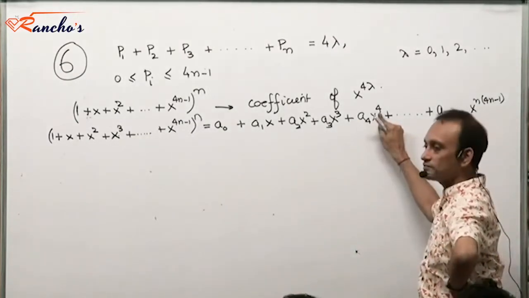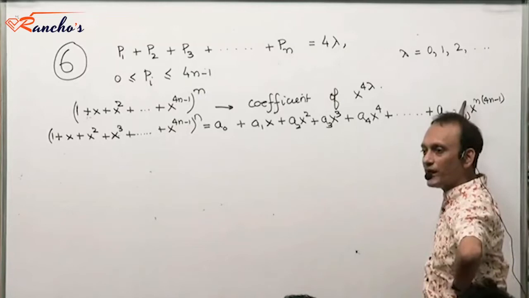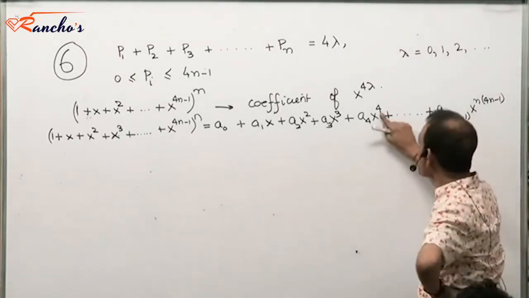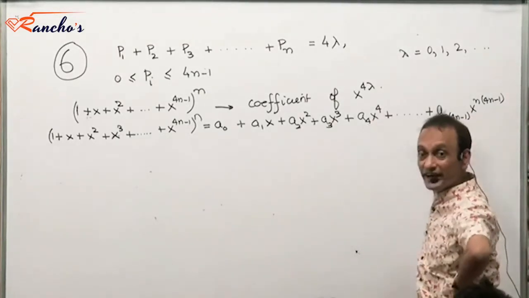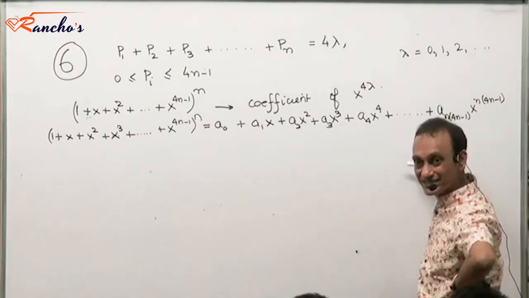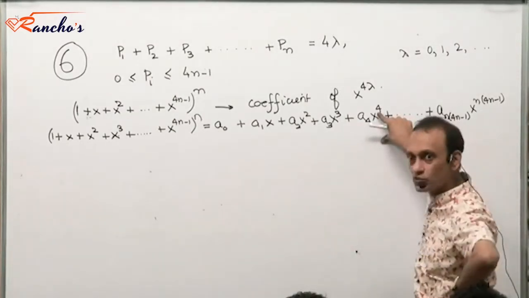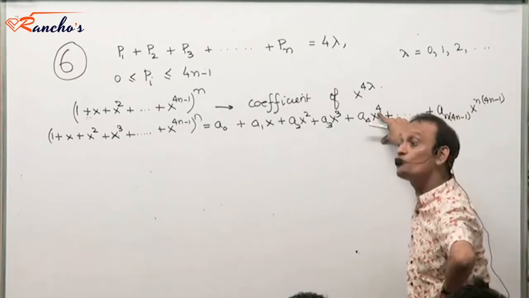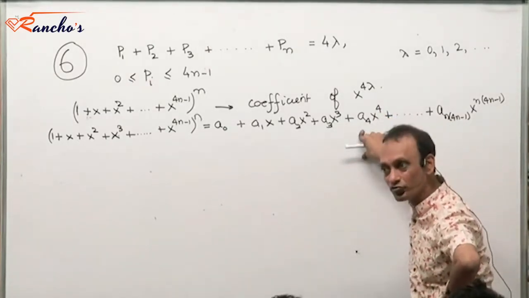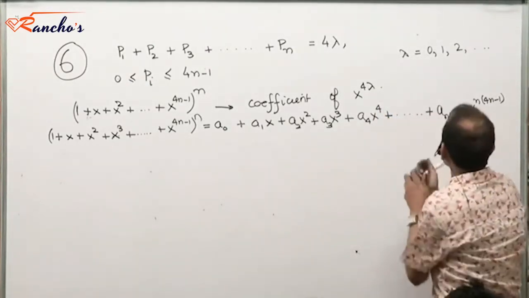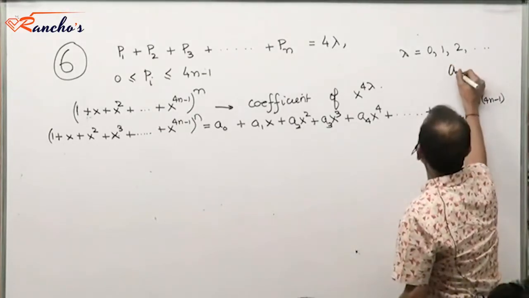Now, the coefficient of x power 4 is a4. Coefficient of x power 8 is a8. See, 4 things distributed in a4 ways, 8 things distributed in a8 ways. Yes or no? Coefficient of x power 4 means what? The number of ways in which 4 things would have been distributed. That would be a4. There would be a term like a8 x power 8.